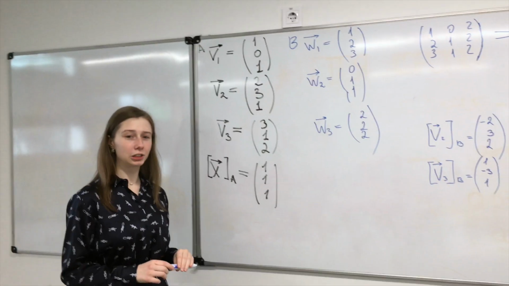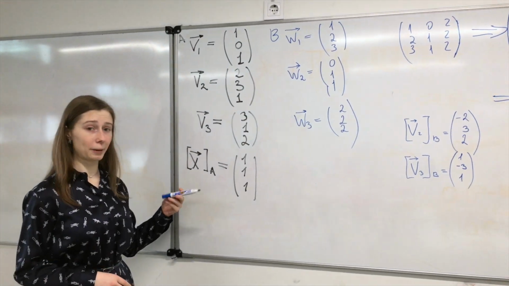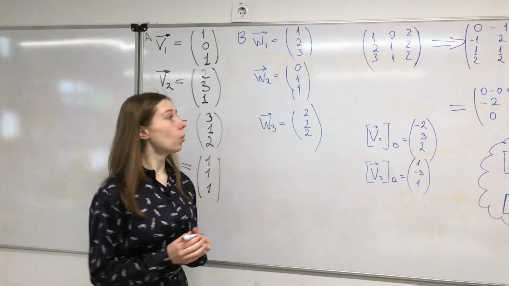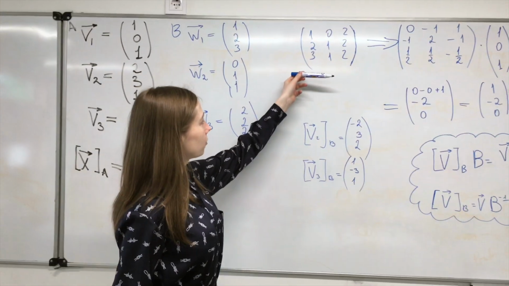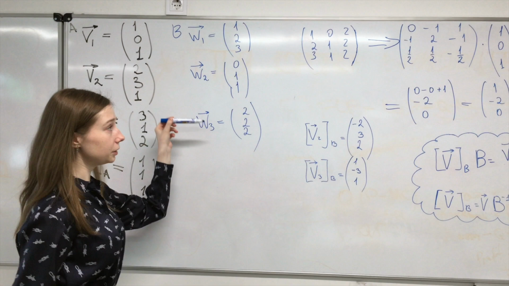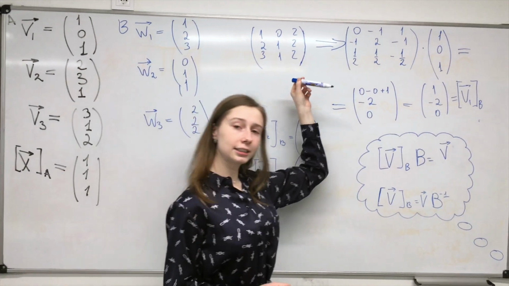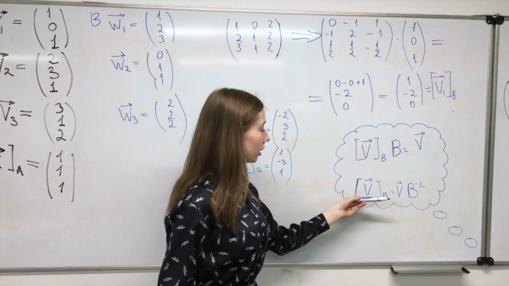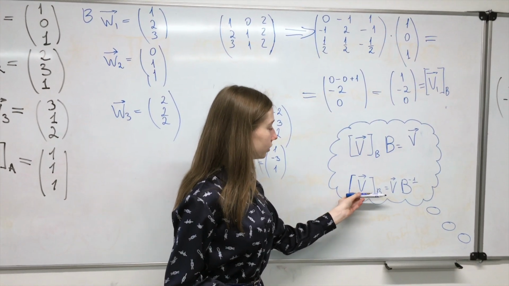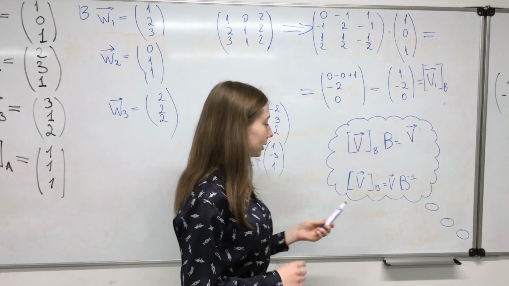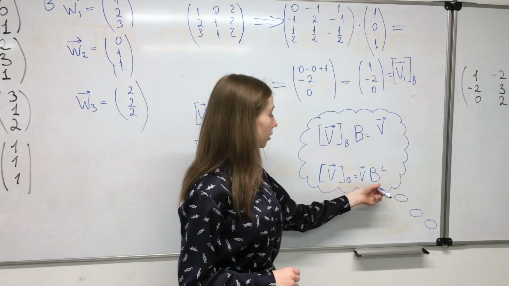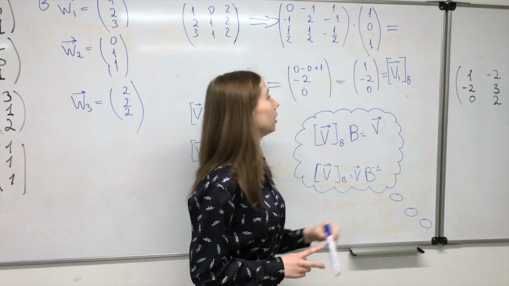So suppose we want to transform our coordinate vector with respect to basis A into the new basis B. What we have to do is set up a matrix from our vectors from basis B and take its inverse. Why do we take the inverse? We have such a formula. If we want to get a coordinate vector with respect to basis B, we multiply our vector in R3 by the inverse of this matrix.